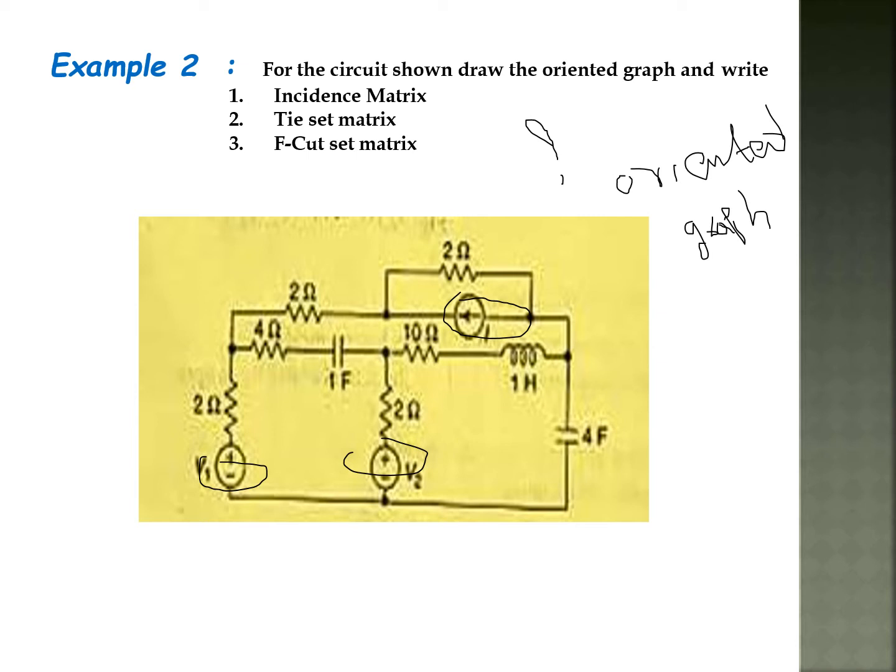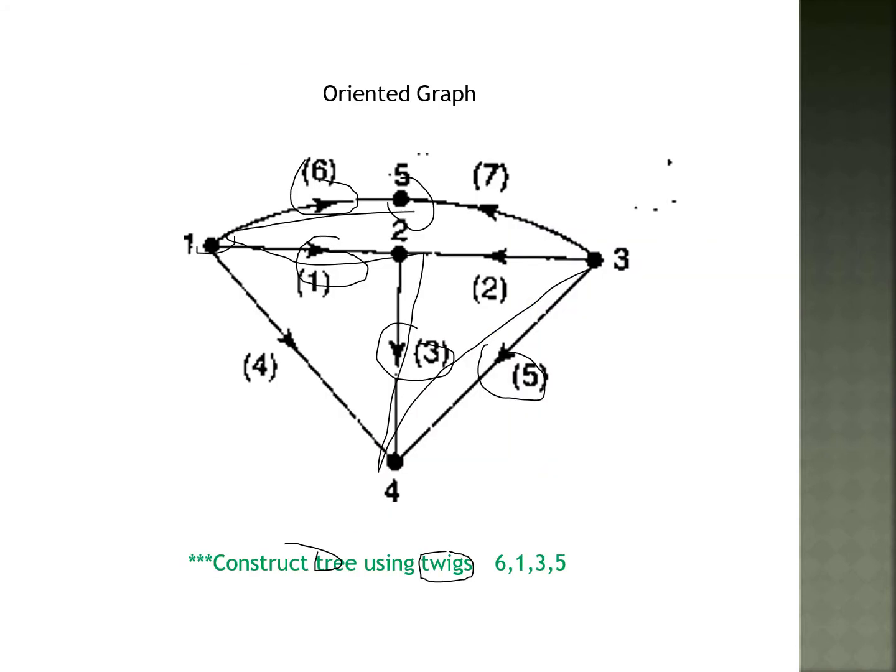Okay, thank you. Now you have got an oriented graph, I think. So this is the oriented graph. There are 5 nodes, 1, 2, 3, 4, 5, and 7 branches, 1, 2, 3, 4, 5, 6, 7, in the oriented graph.